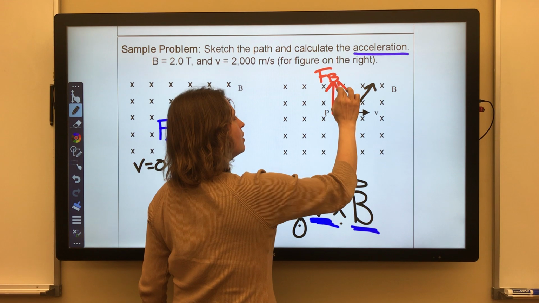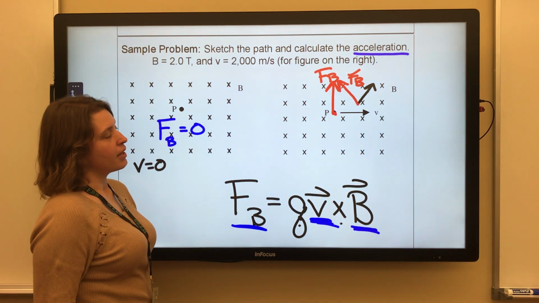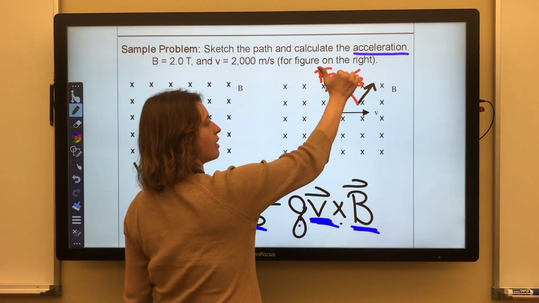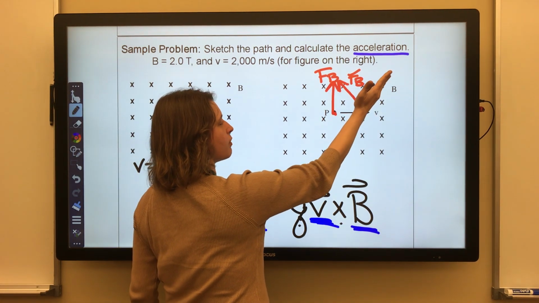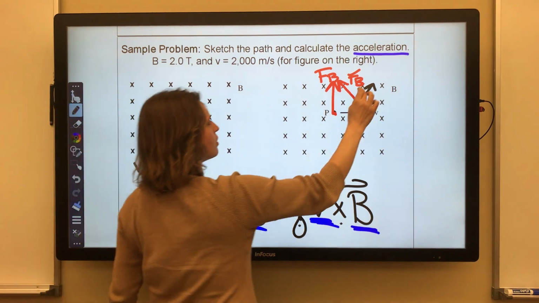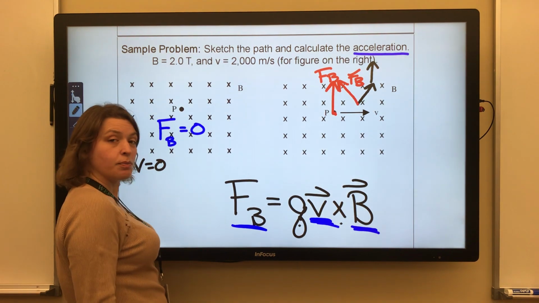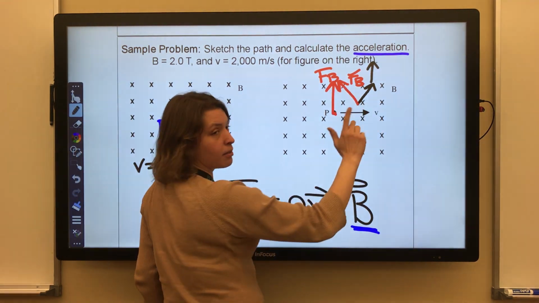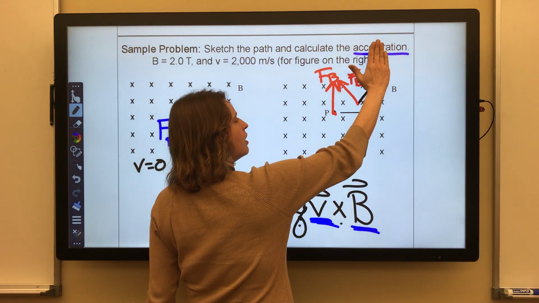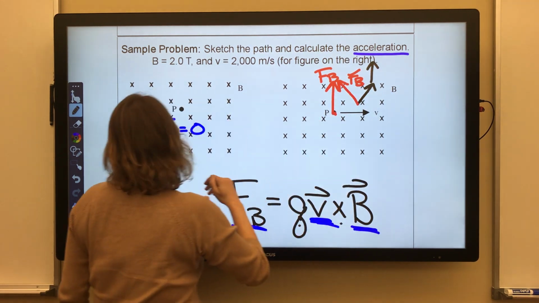And now my force is directed at an angle this way. So that's going to change my velocity even more and make it even steeper. Eventually, the velocity might be pointing upward like that. When the velocity is pointing upward, I'm going to align my fingertips with V, curl my fingertips towards B, and my thumb gives the direction of the force on that charged particle.